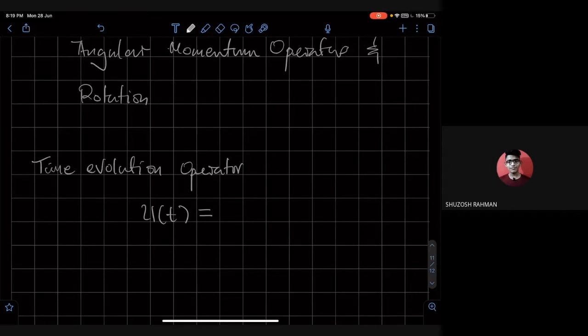Unitary. Oh, I wasn't supposed to say. Yeah. Shut up, Shuyosh. Someone else? Unitary? What should the form look like? Just tell me what the form should be. Does it involve the Hamiltonian or not?